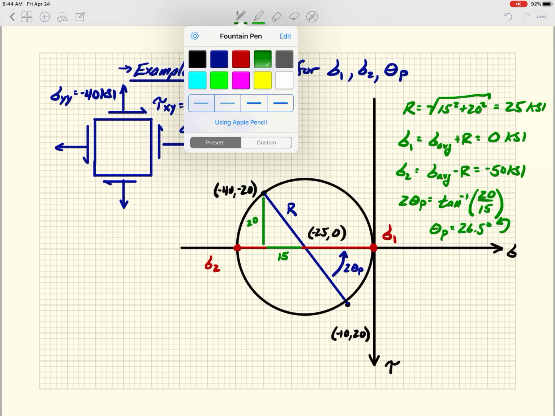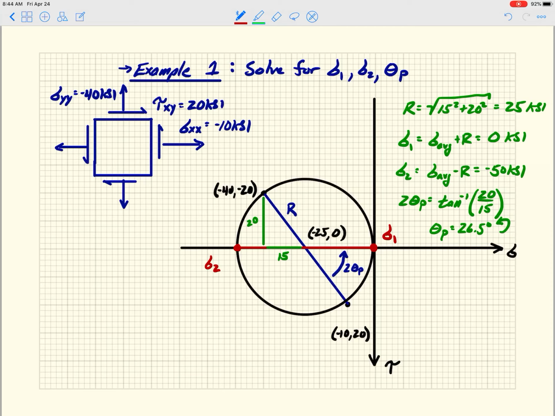Okay, so let's now draw the principal state of stress. I'm going to do my best to approximate what 26.5 degrees looks like, but it should look about like that. And we're going to have sigma 1 in that direction, and sigma 2 is going to be in this direction.